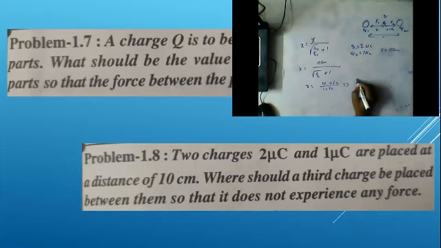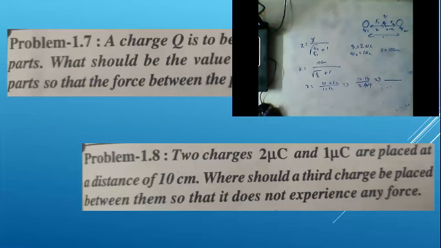We get 14.14 by, and here the value of 1 plus root 2 is 2.414, because root 2 is 1.414. So this is your formal answer.